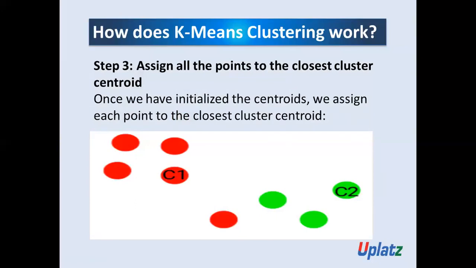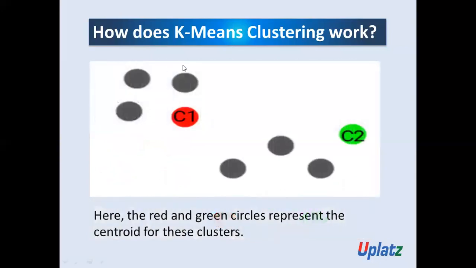Which points are nearest to this centroid? Obviously these 3 points are nearest to it, so we assign them to it. It's red, so you can assign all these 3 points to red. These 2 points are obviously closest to centroid C2.